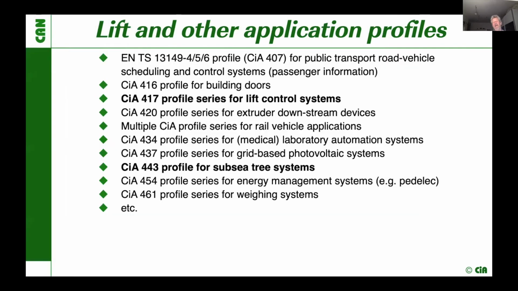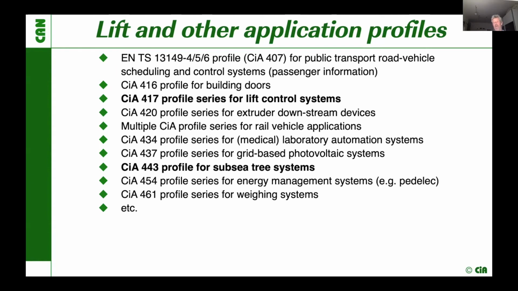As I said already, application profiles are different because they describe the entire network application by means of functional units. The first, which we developed in the mid-90s, was CiA 407 for public transportation, road vehicles, scheduling and control systems.